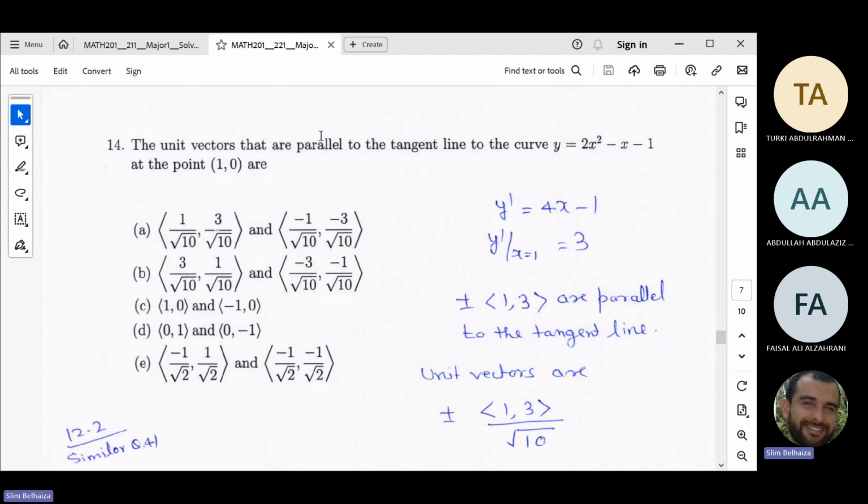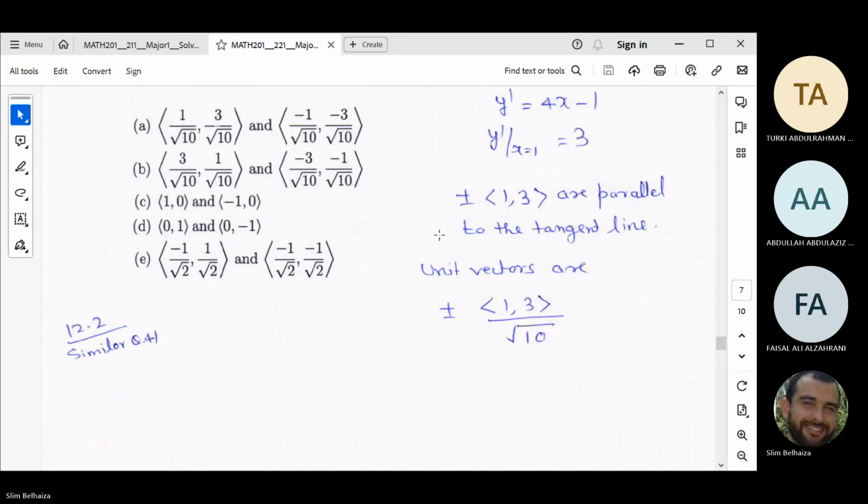We would like the unit vectors that are parallel to the tangent line. If you know the slope is 3, then dy over dx must equal 3. And you have a unit vector. Assume u is the vector (a, b): you need b over a to be equal to 3, and the square root of a squared plus b squared to be equal to 1. These are the only choices you're going to have.